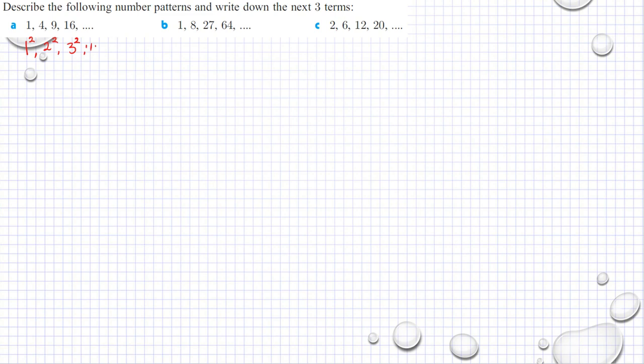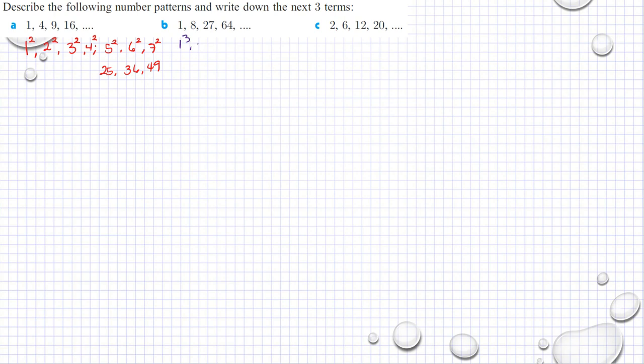And then we have 4 raised to 2, which is 16. Then we have 5 raised to 2, that means 25. And then we have 6 raised to 2, that means 36. And then we have 7 raised to 2, 49. So the next 3 terms will be 25, 36, and then 49.